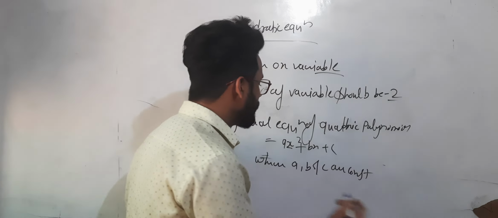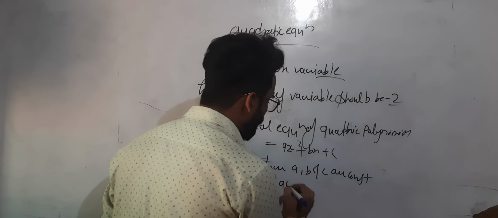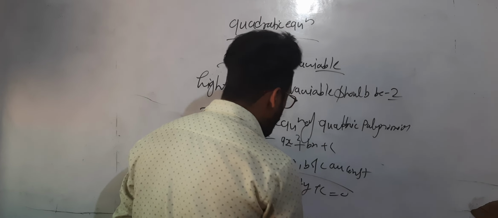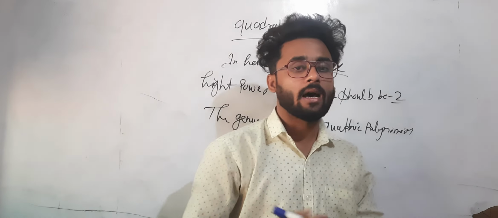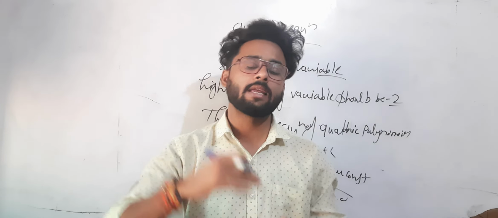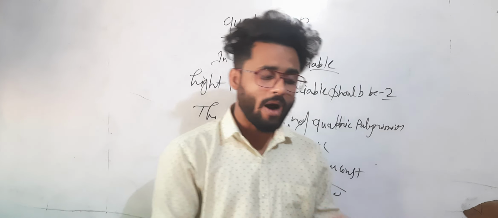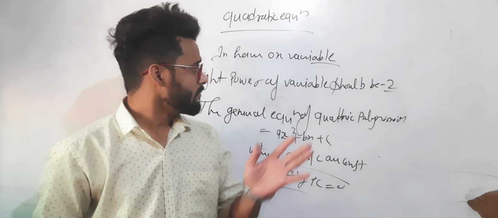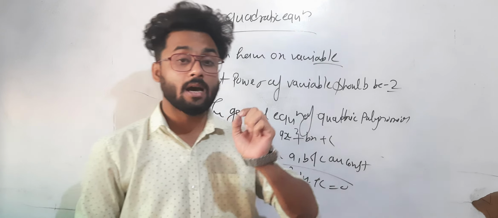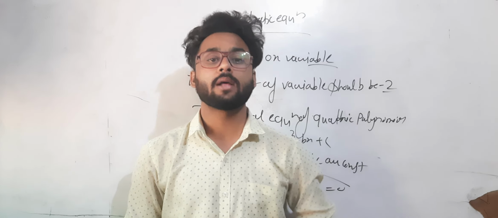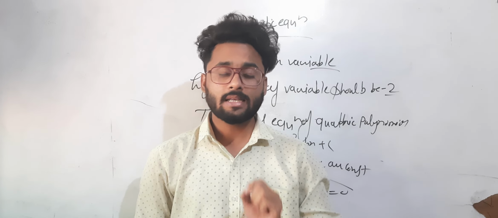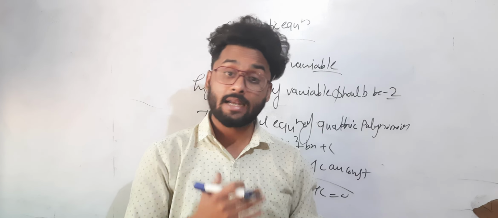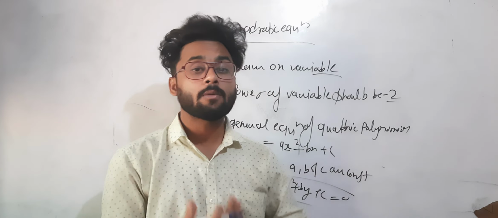You can also take another general form, ay square plus by plus c equal to 0, and you can write any variable like y or z. The key point is that the highest power of the polynomial should be 2.